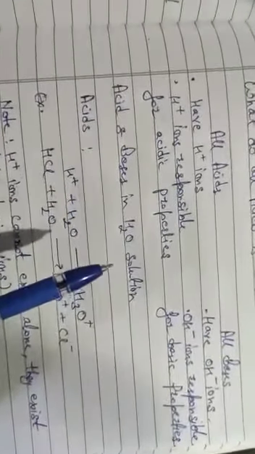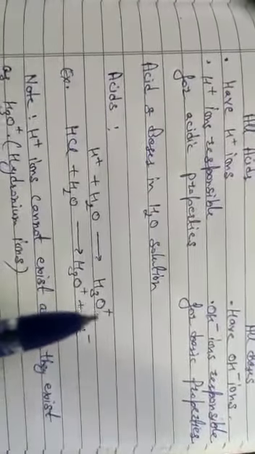Now, the reaction of acid and base in water. Acid gives H positive ion, and when it reacts with water it forms the hydronium ion. H3O positive is the hydronium ion.